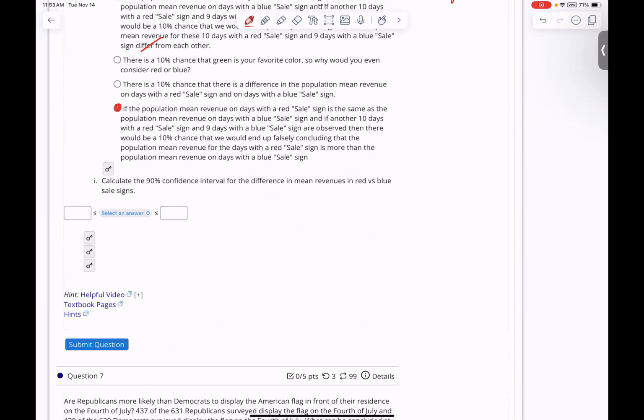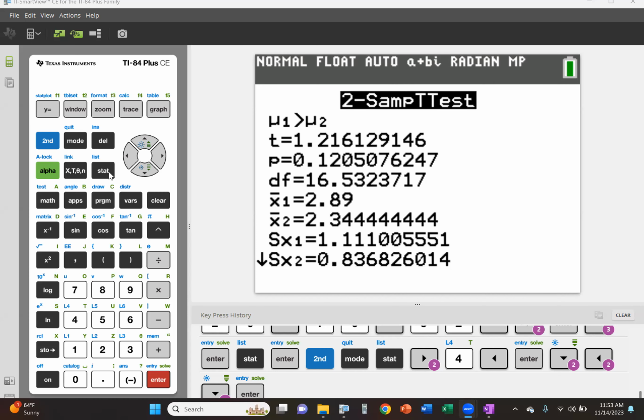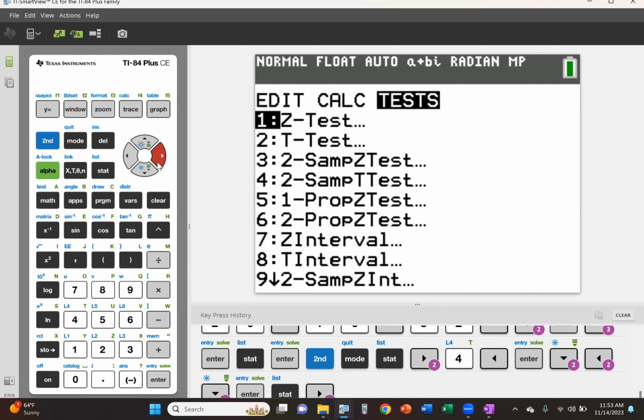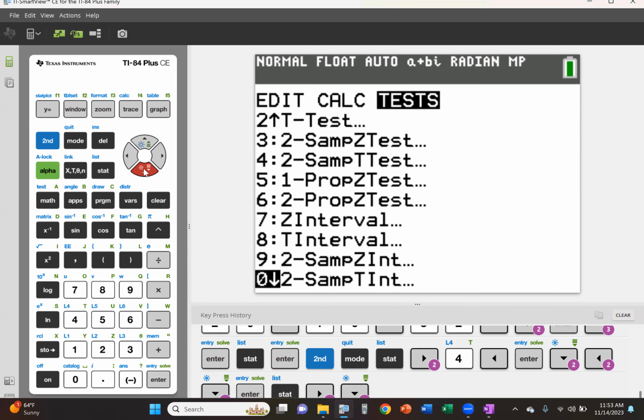Okay, and then the last part of this, we're going to calculate a 90% confidence interval. So we're going to use a 2-sample t-interval, which is in your test menu. Let's go to our calculator. We go to our statistics menu, our test menu, and we find the 2-sample t-interval, which is 10.